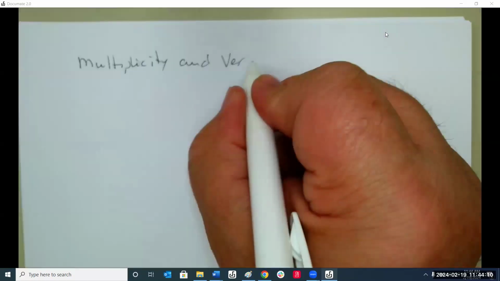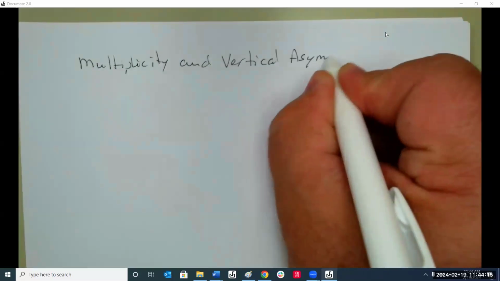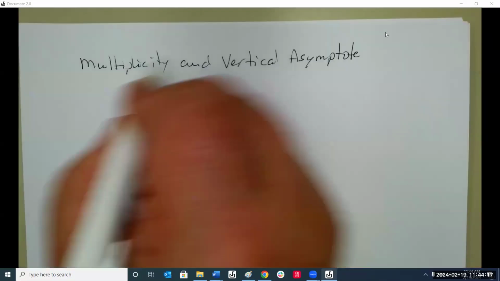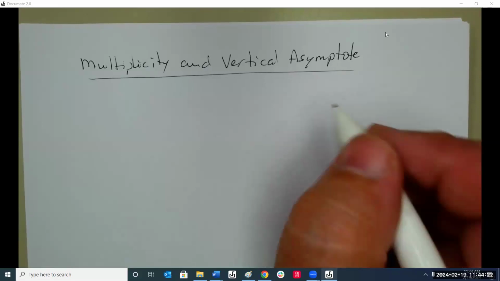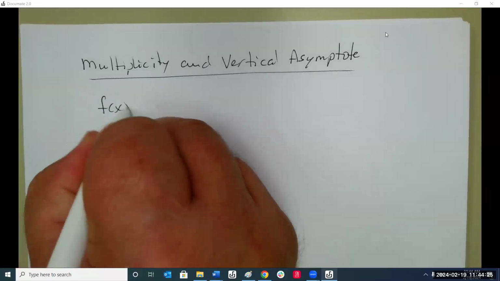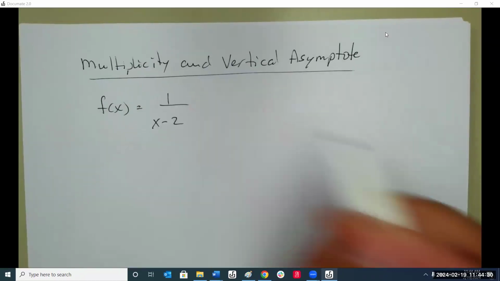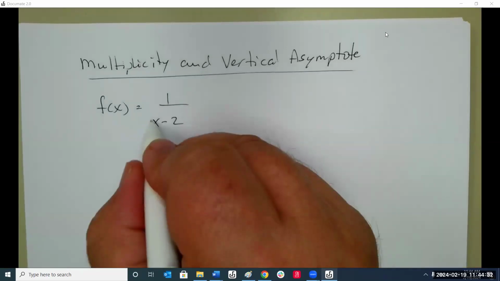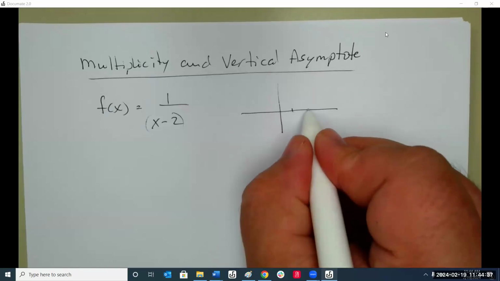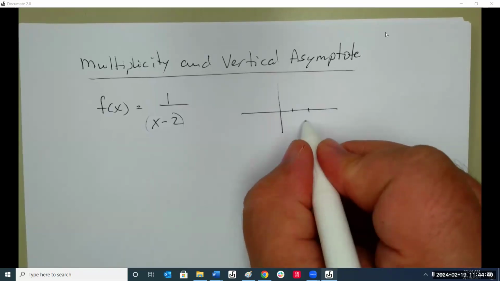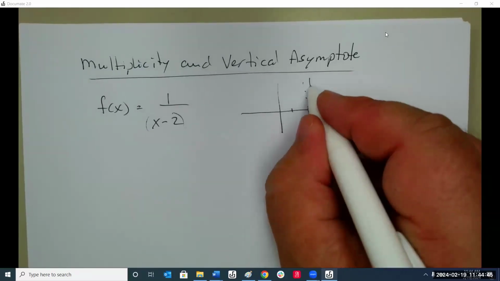Now let's get multiplicities and the vertical asymptote. So, for example, we had something like this. Yeah, this is a horizontal shift to the right two. So the graph looks like this.